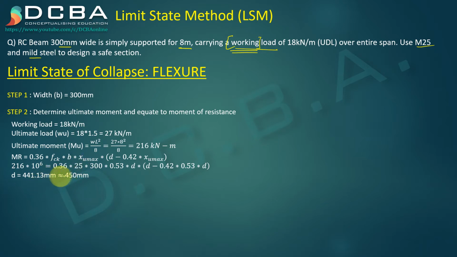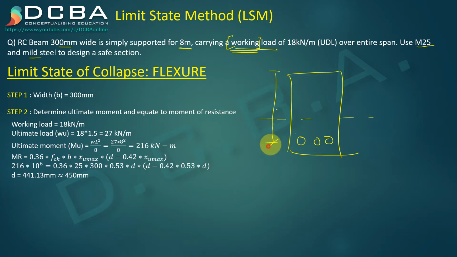So when we exceed the requirement of D, which was required for a balanced section, we are essentially making it an under reinforced section. Just understand this very carefully. This is the effective depth D, 441.13, which is required for a balanced section.